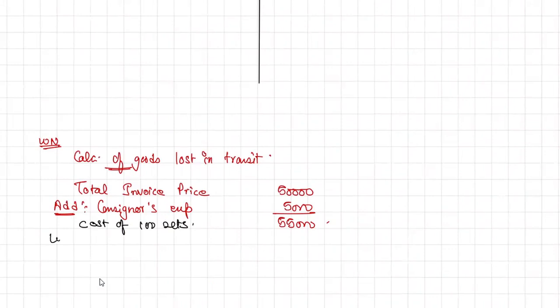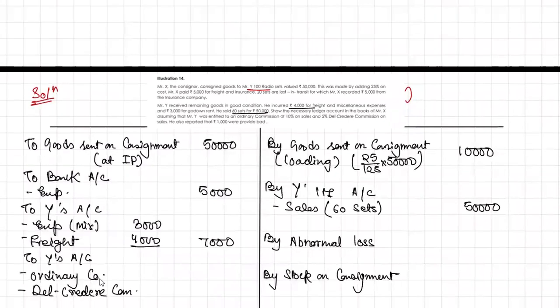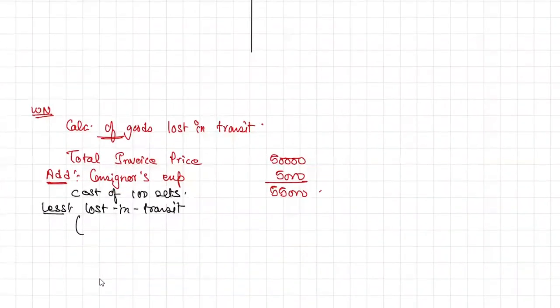ओके, अब क्या करते हैं हम? लेस करते हैं लॉस्ट इन ट्रांजिट. कितना लॉस्ट, वो देखिए, 20 सेट्स वर लॉस्ट. तो when 100 cost me 55,000, then what will 20 cost? It will be 20 into 55,000 divided by 100.